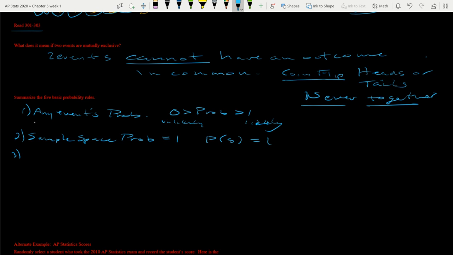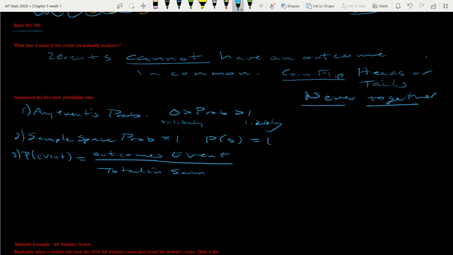So the probability of any event is always equal to the outcomes for that event divided by the total in the sample space. So we'll take a coin. There's 2 possibilities for a coin flip, right?